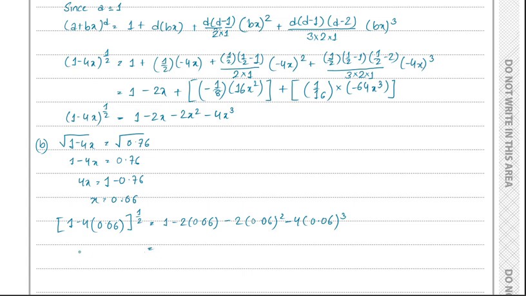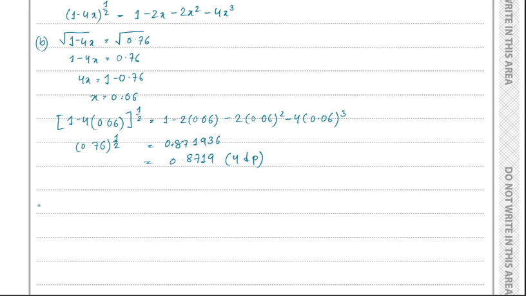If you do this, then this part will come out to be 0.76 to the power half, and this will come out to be 0.871936. We are asked to give the answer in 4 decimal places. So this would be 0.8719 to 4 dp. So this is it for part B.